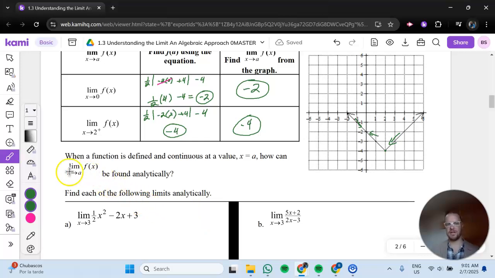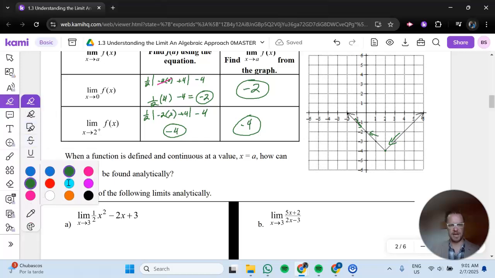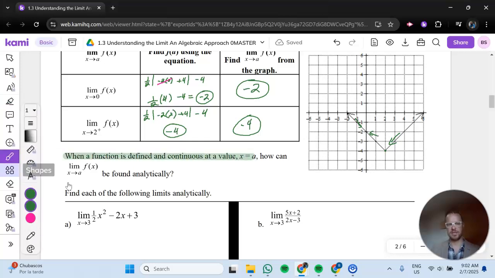So the important thing here to understand is that when a function is defined and continuous at a value x equals a, how can the limit as x approaches a of f of x be found analytically? All right, so the key thing here, which I just kind of mentioned, is that that function needs to be defined and continuous at that point, okay?